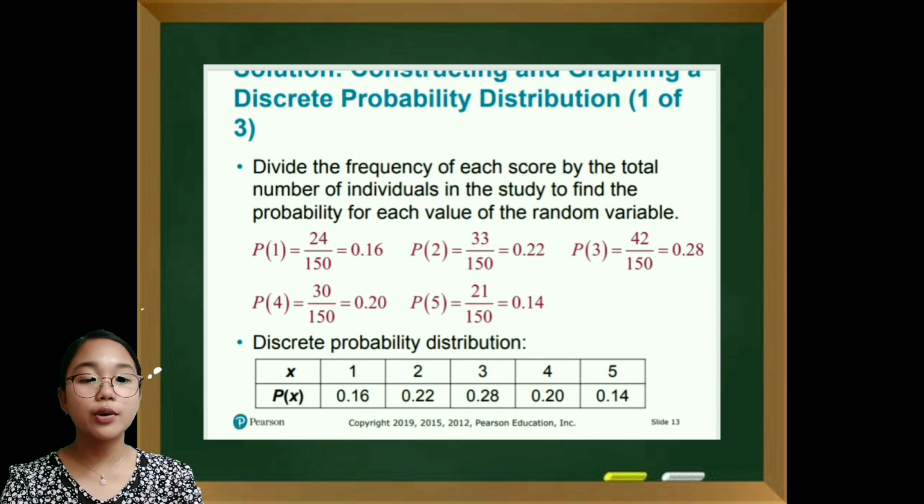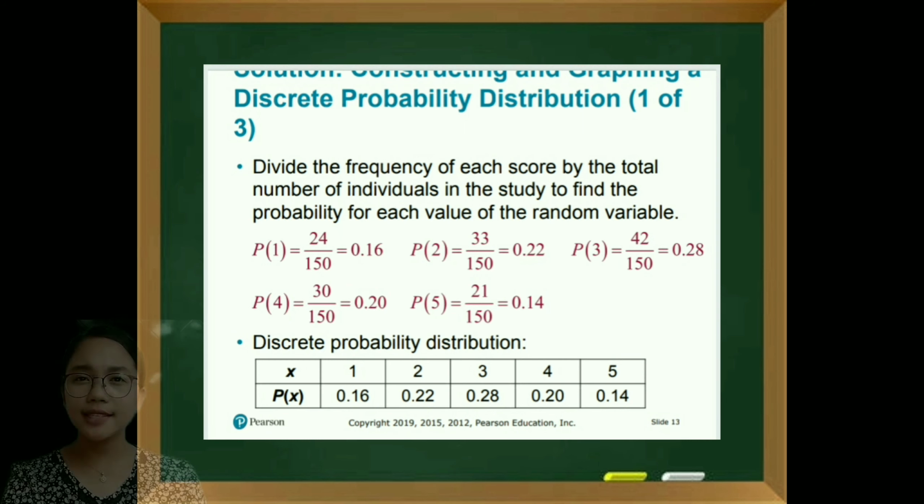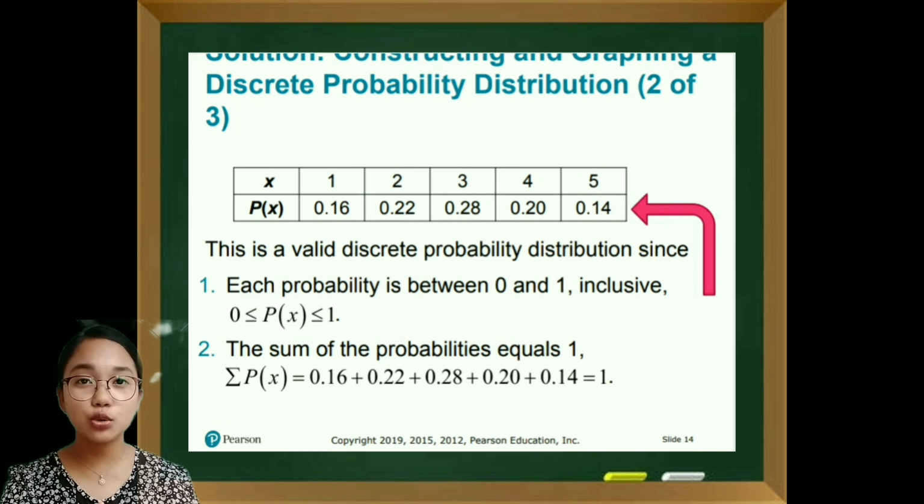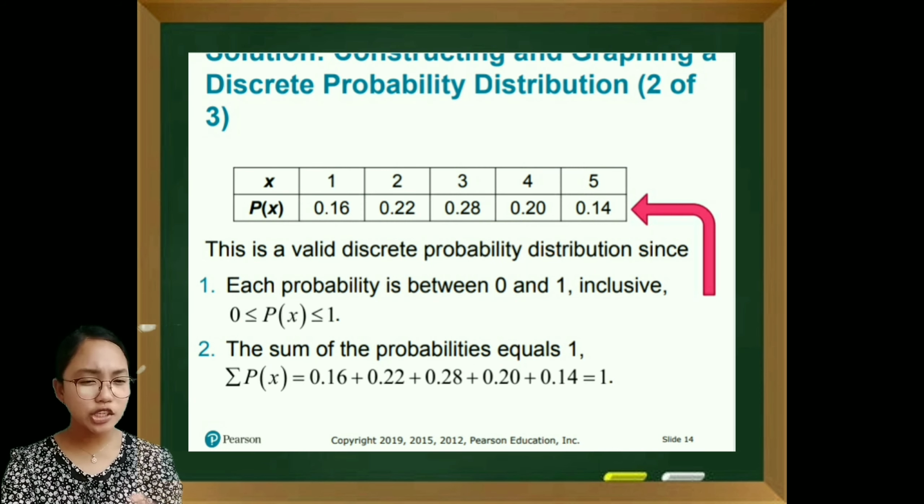The probability of 5 equal to 21 over 150 is equal to 0.14. Out of those, we can have our discrete probability distribution, where the first row is x and the second row is the probability of x. Let's check if the distribution satisfies the two conditions. Thus, is each probability between 0 and 1 inclusive?